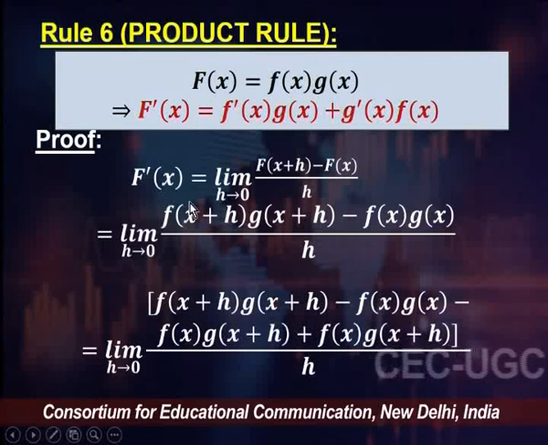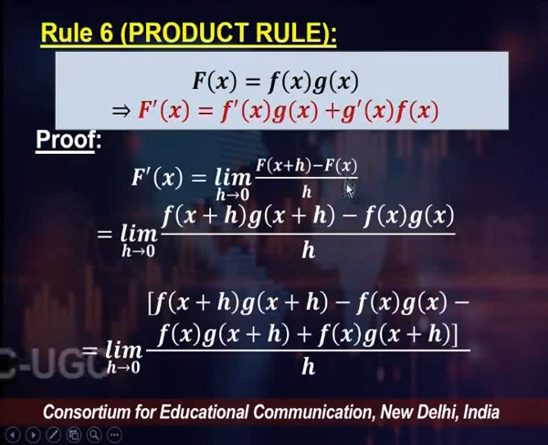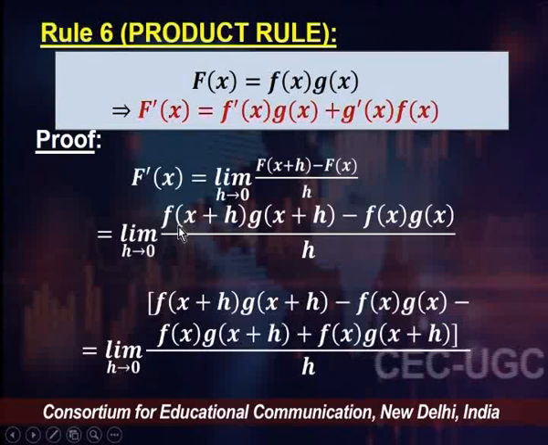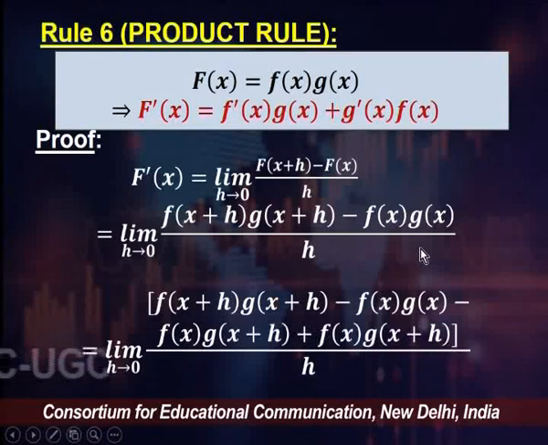So F prime of x is the limit of capital F of x plus h minus capital F of x, divided by h, and once you substitute capital F of x plus h, that is small f of x plus h times g of x plus h, minus f of x times g of x, divided by h.